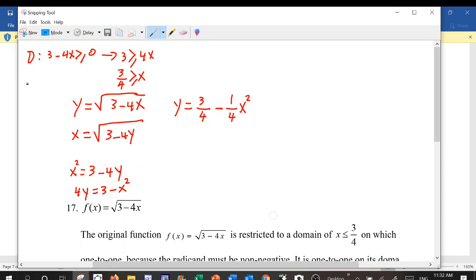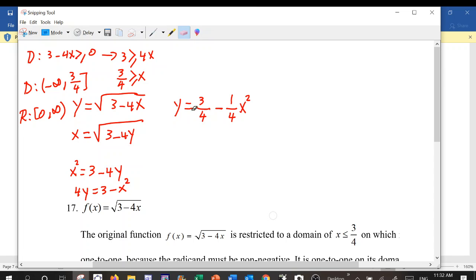So the domain of this function is from negative infinity to 3/4, including 3/4. And the range, of course, would be all positive numbers. And if you put 3/4 over here, you actually get 0. So the range of this is basically 0 to infinity, right? This radical cannot be negative, has to be positive, and we know it starts from 0. So from 0 to infinity.